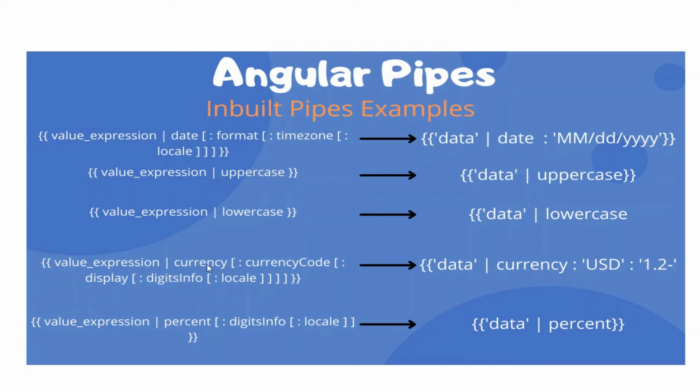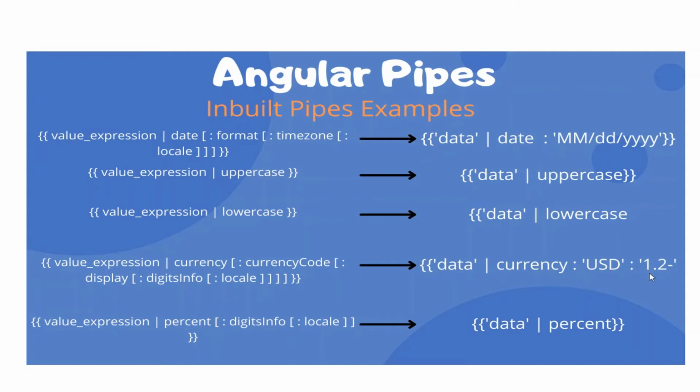Now you can also have a currency pipe. So the currency pipe is similar to the date pipe. It has a couple of parameters to it. You can see the syntax. The first one is the currency code. The currency code could be USD, Euro, EUR, or any other thing, INR for India. And then the next parameter, again for each parameter you need to put a colon.